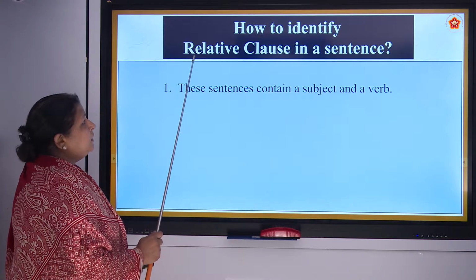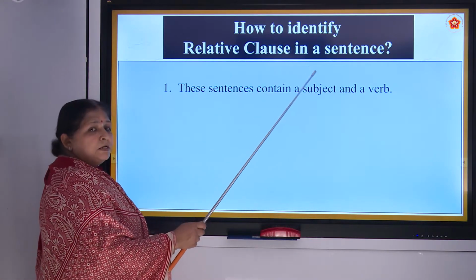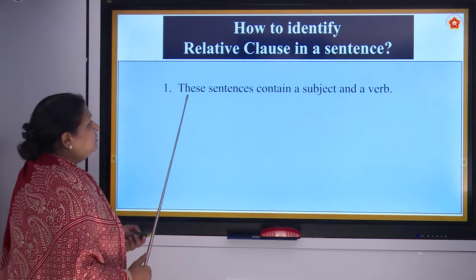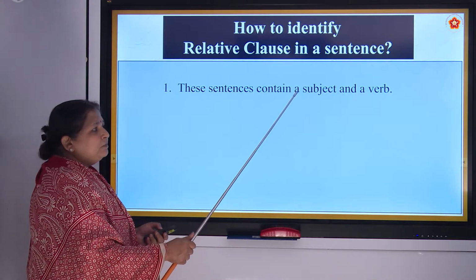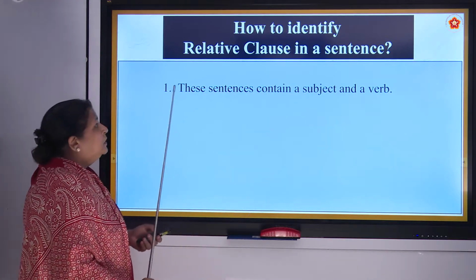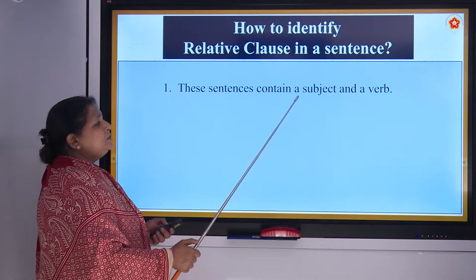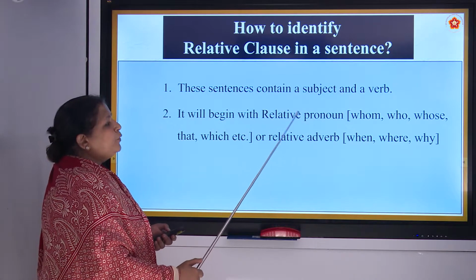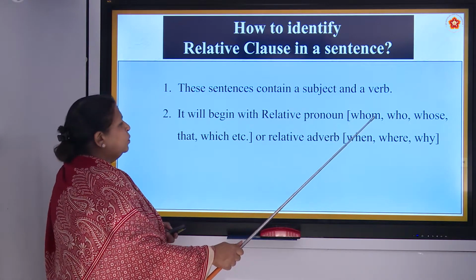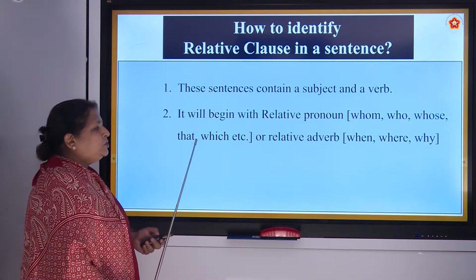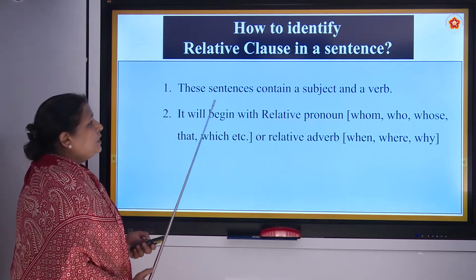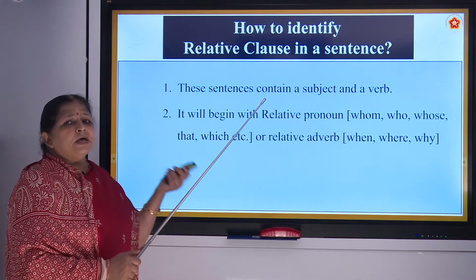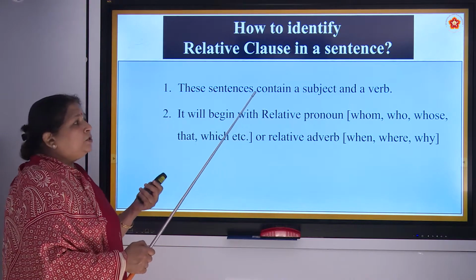Now, how to identify a relative clause in a sentence? This is also very important. Please pay your attention. These sentences contain a subject and a verb. If we see only the first point, you will say, ma'am, all sentences have a subject and a verb, so what is so great in it?